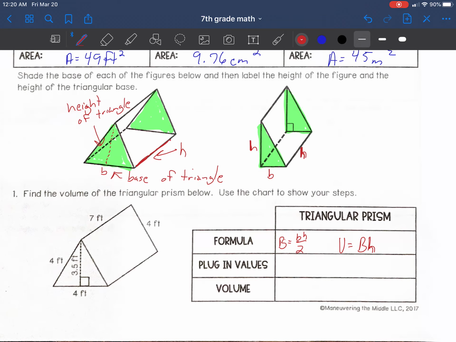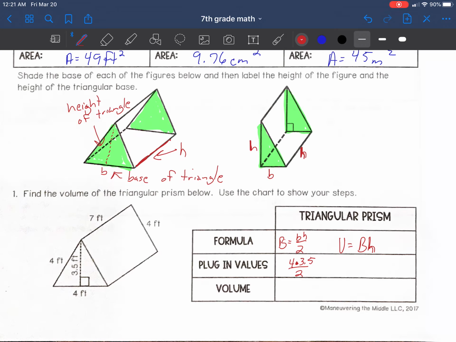Let's plug in our values. So my base for my triangle is 4 times my height, which is represented by the dotted line, 3.5. Then we divide by 2. That is just one part of our answer.